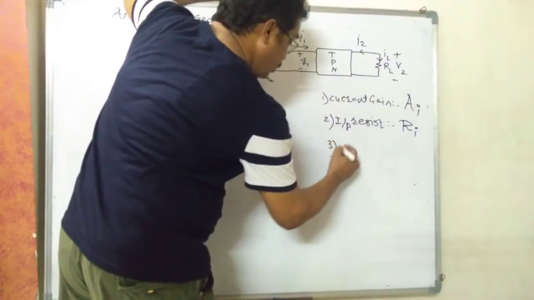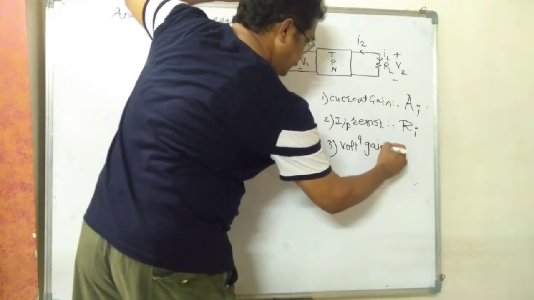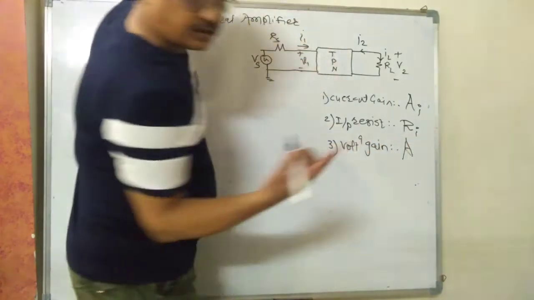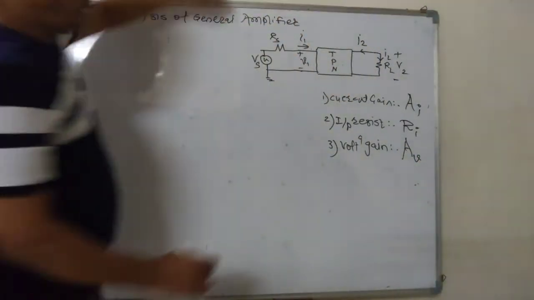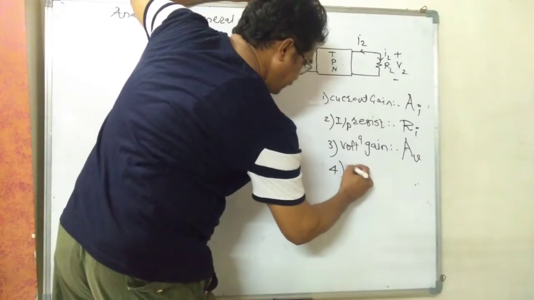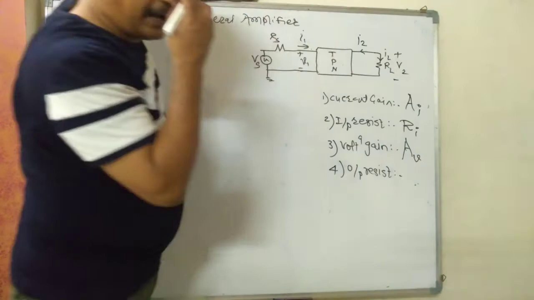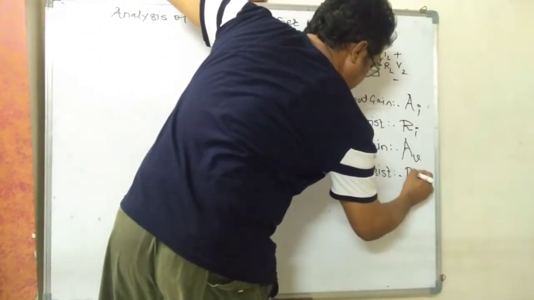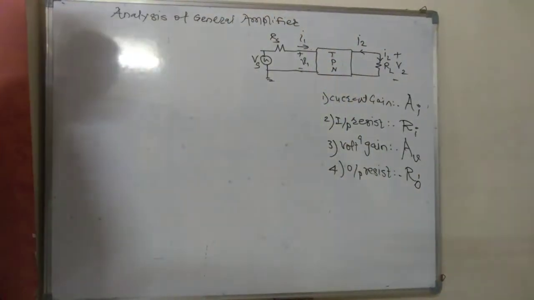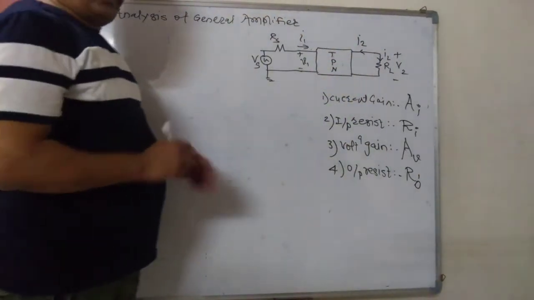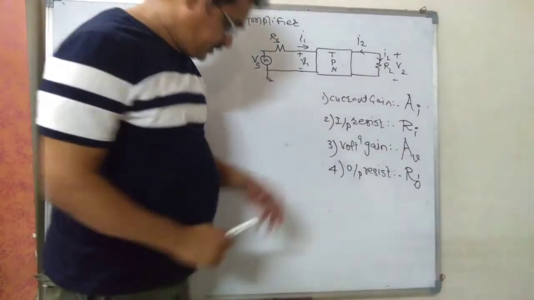Third, voltage gain, AV. And fourth one is output resistance, RO dash. So we have to derive 4 formulae: current gain AI, input resistance RI, voltage gain AV, output resistance RO dash.